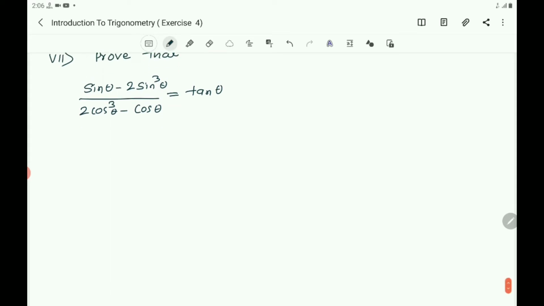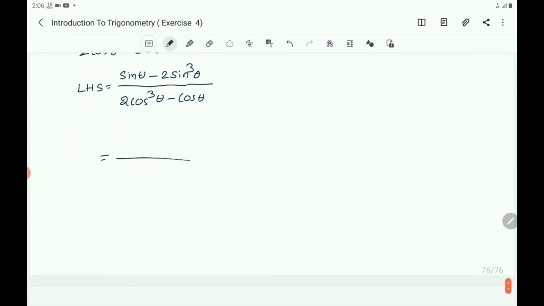Now you consider the LHS. LHS equals (sin theta minus 2 sin cube theta) by (2 cos cube theta minus cos theta).